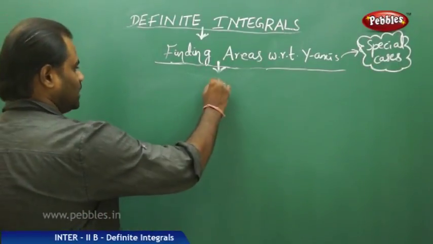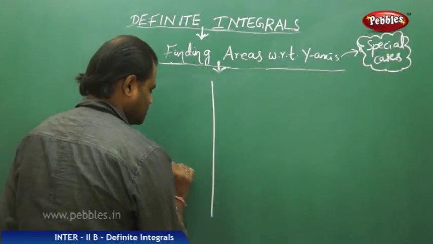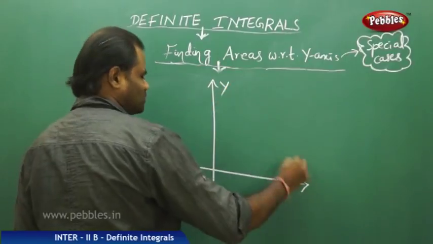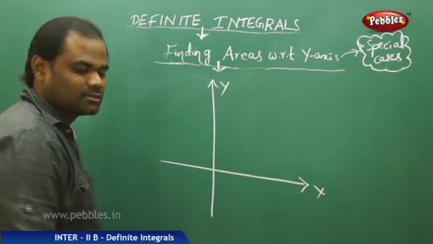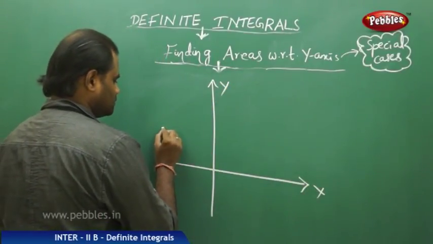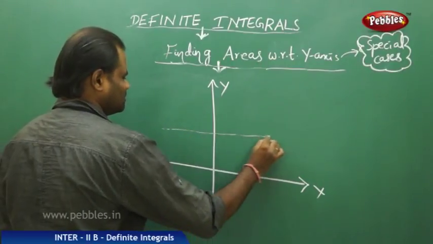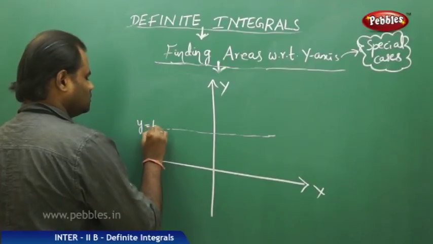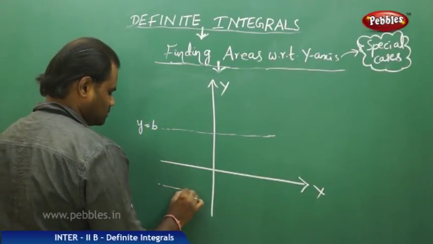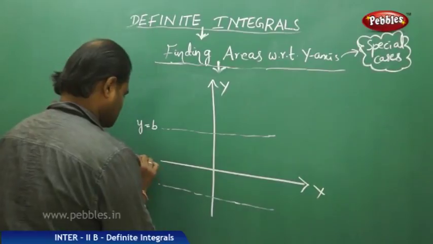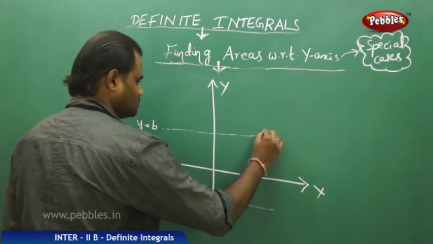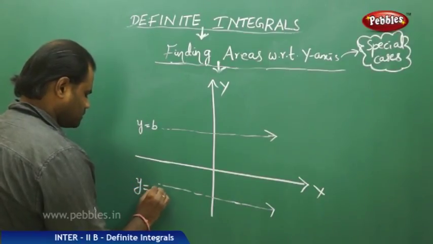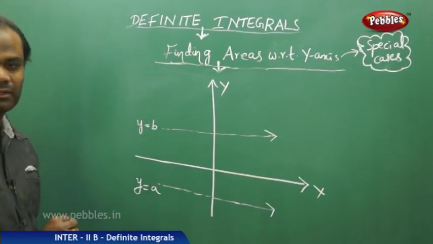Now suppose I have a case where this is the y-axis and this is the x-axis, and I have y equals b, and suppose this is y equals a.